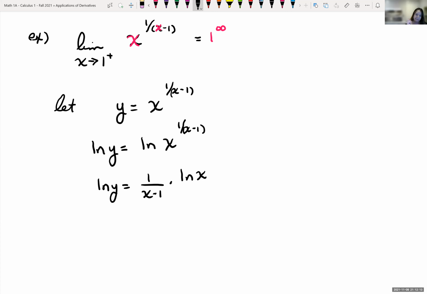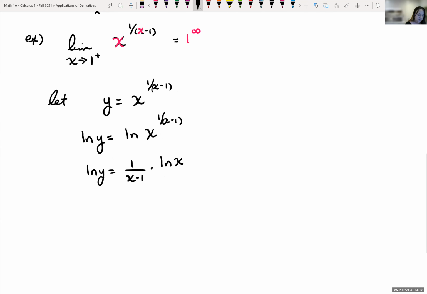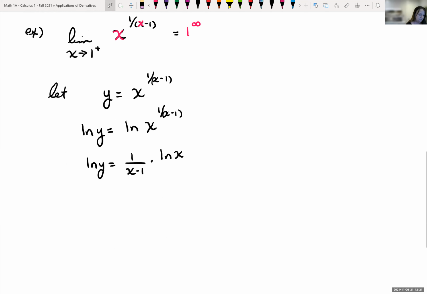Okay, so let's look at the limit of this right-hand side. So let's look at the limit as x is approaching 1 of this, and another way I can write this is the natural log of x, all over x minus 1.